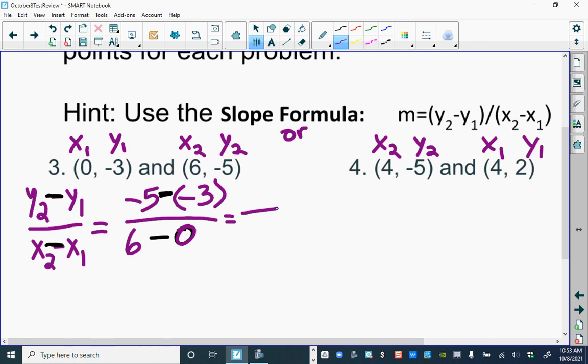So we have 6 minus 0, but what's 6 minus 0? That's 6. Now, -5 minus -3. This is where we really have to be careful. Minus negative. What's that? Be careful. When you're doing a minus negative, what's really taking place? In the end, it's going to be a -2 because... listen up. This is for everybody.